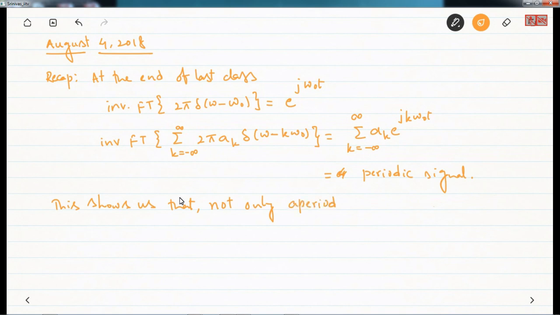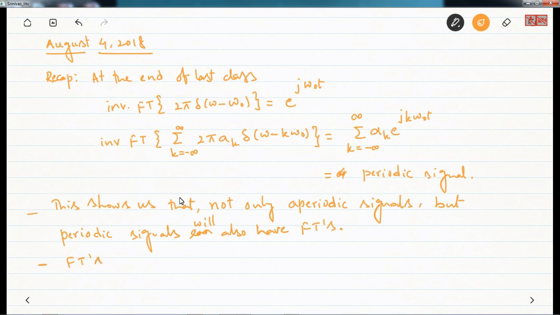Not only aperiodic signals, but periodic signals can also have, we can write, will also have Fourier transforms, right?